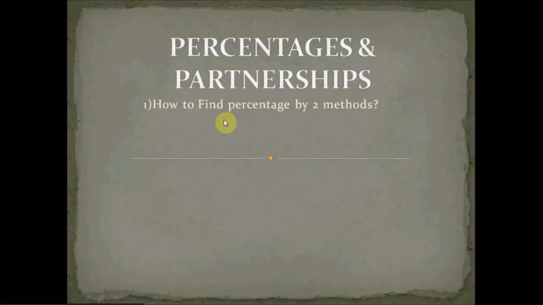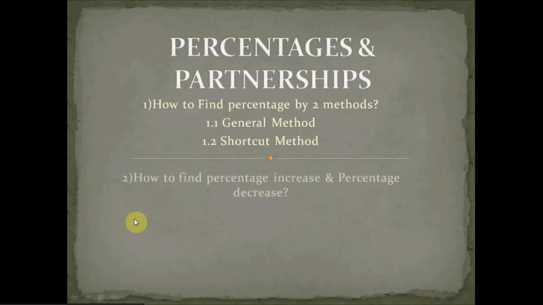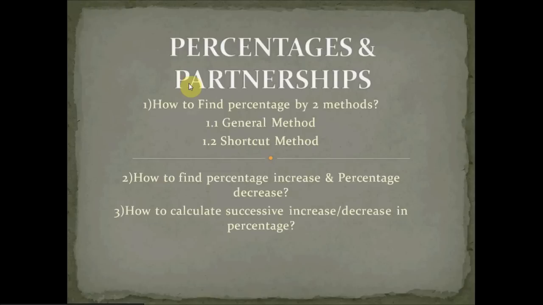Okay, so I'm going to discuss a few things with you today in this topic. We will first discuss how to find percentages. We will do it by two methods. Then we'll be discussing how to find percentage increase and percentage decrease. Then we will be discussing how to calculate successive increase and decrease in percentage.